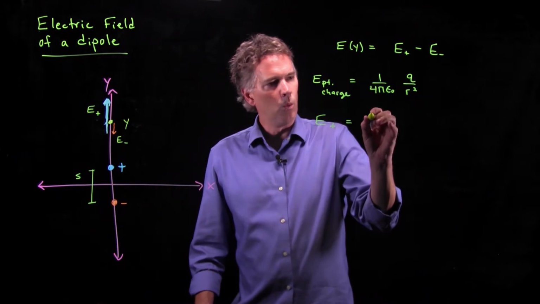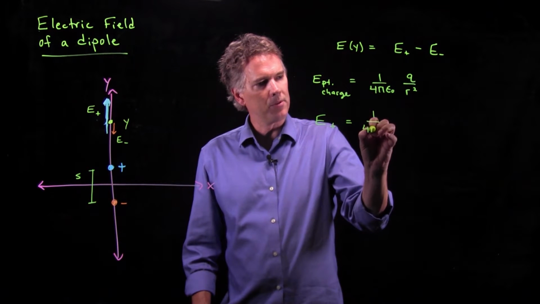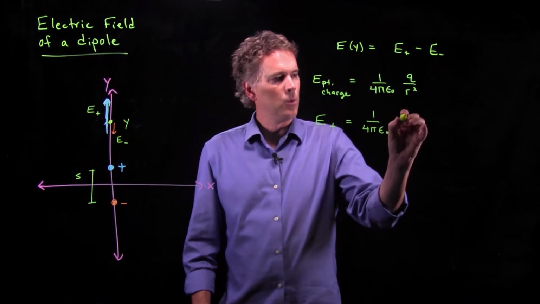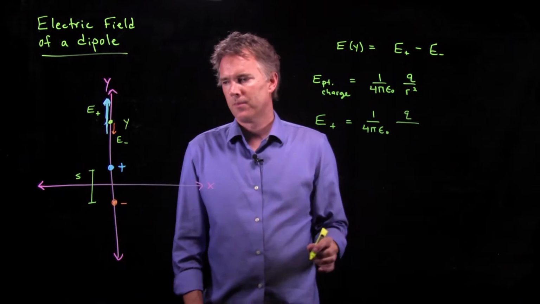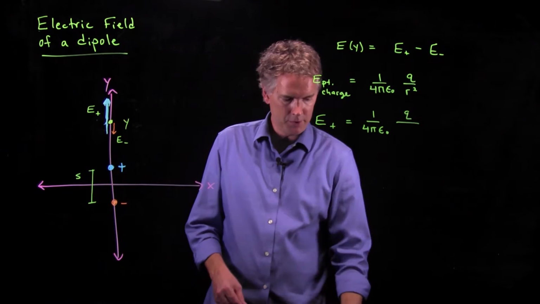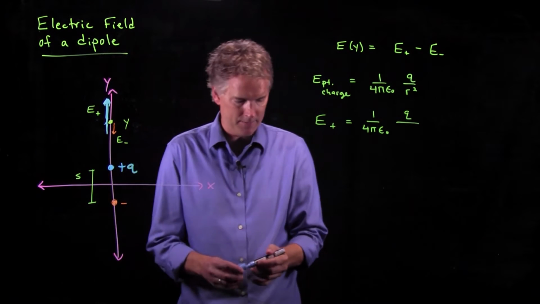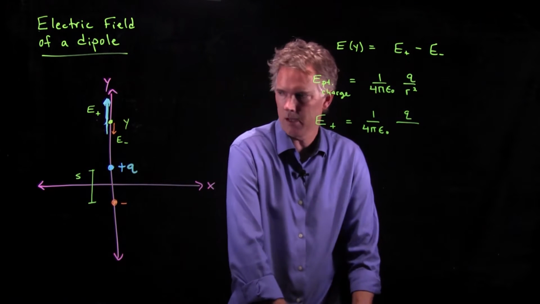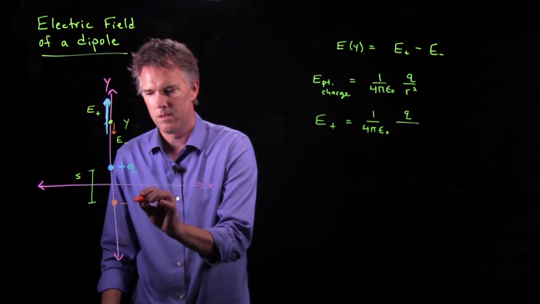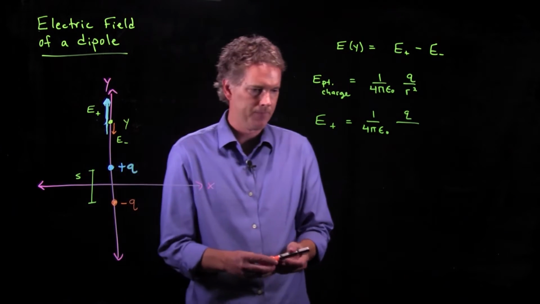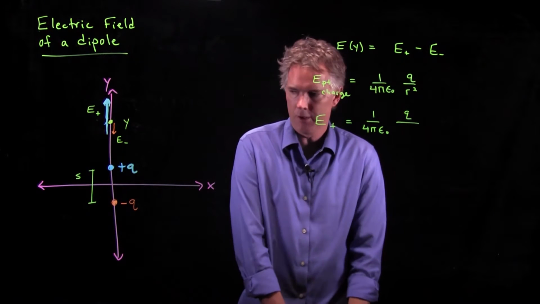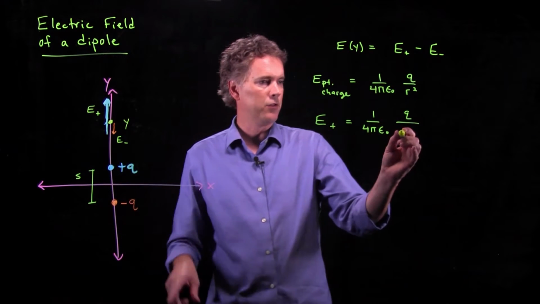We get 1 over 4 pi epsilon naught. We have a Q. We're going to say that this one is positive Q, and the other one is negative Q. We'll say they have the exact same value, just to make it really, really simple.